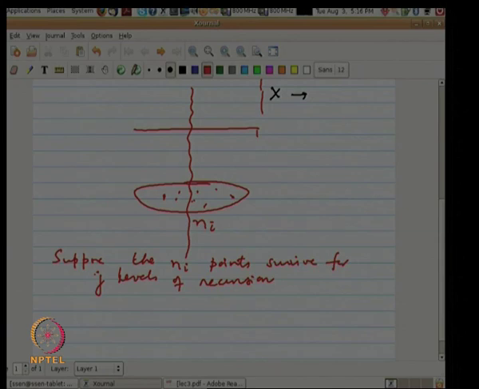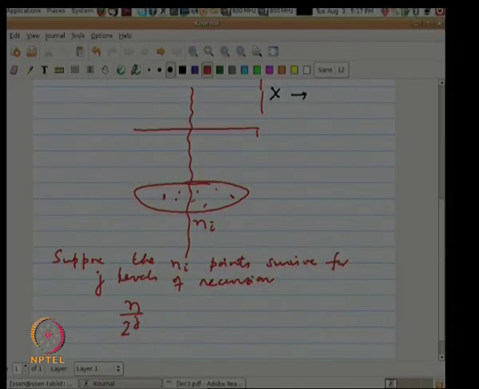Every time we do a recursion, the size of the sub problem is halved, right. So, at the jth level of recursion, the size of the maximum sub problem can be n over 2 to the power j. Okay. And so, this is the maximum size of the sub problem.